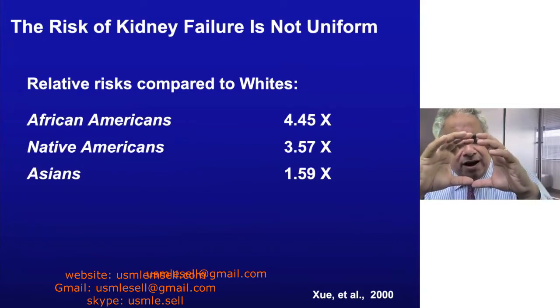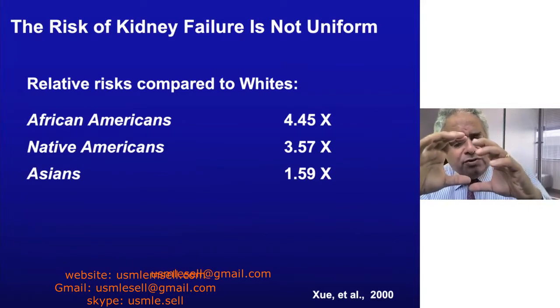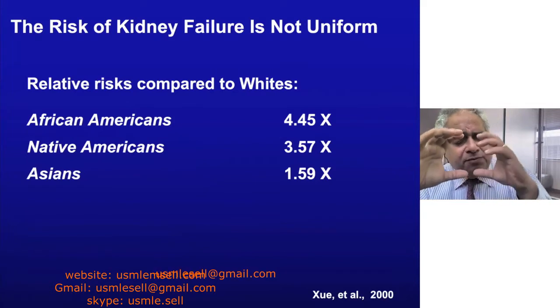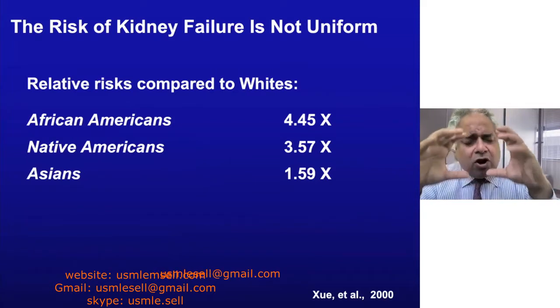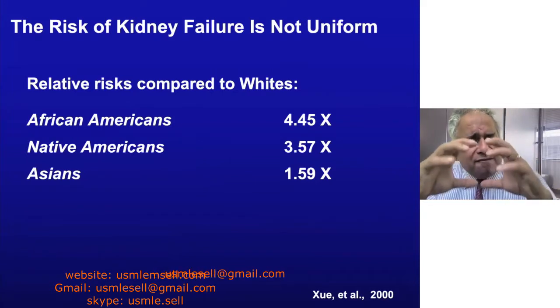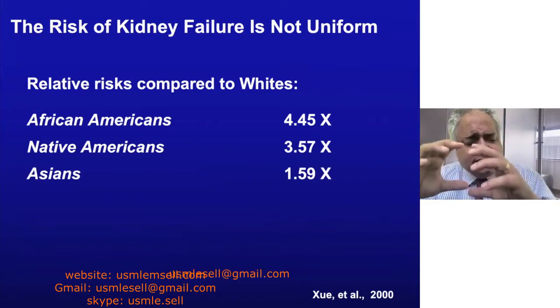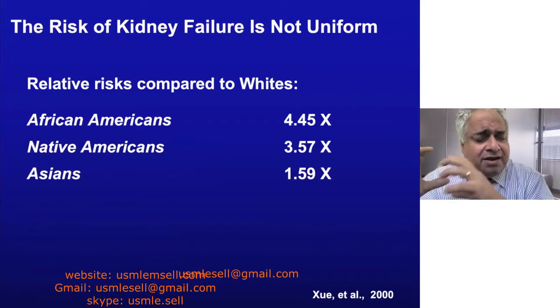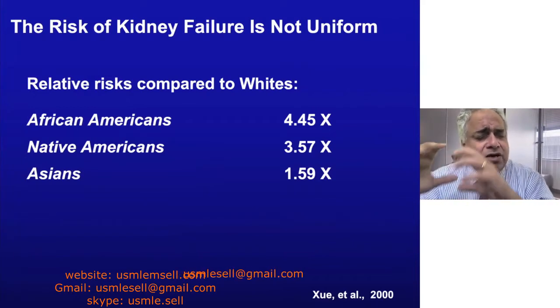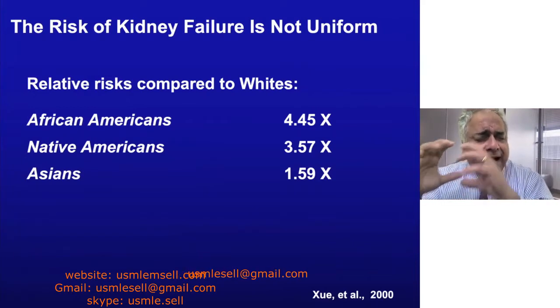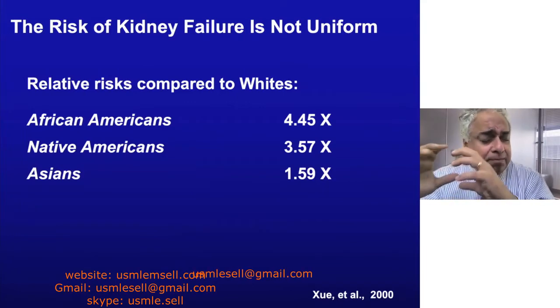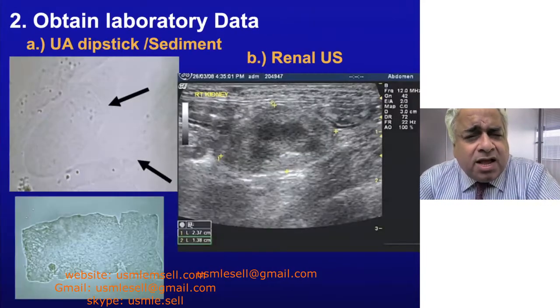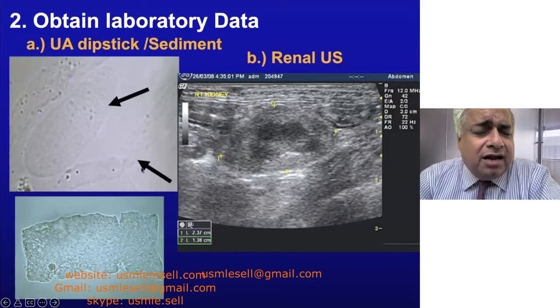The reason I think it's important from a risk factor perspective is that whatever complex genetics individuals have, the risk of kidney disease progression seems to be higher in certain groups. And that's important because then you need to be more vigilant in managing and following them.